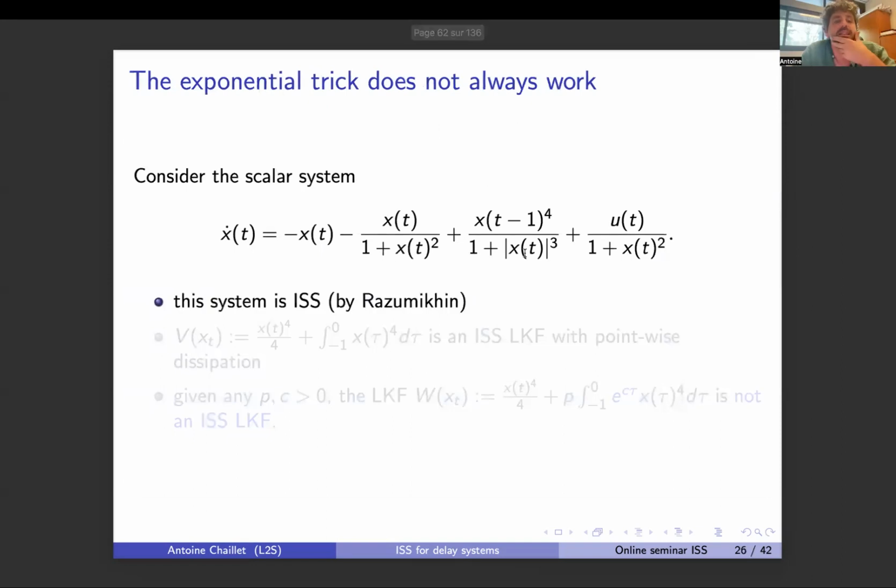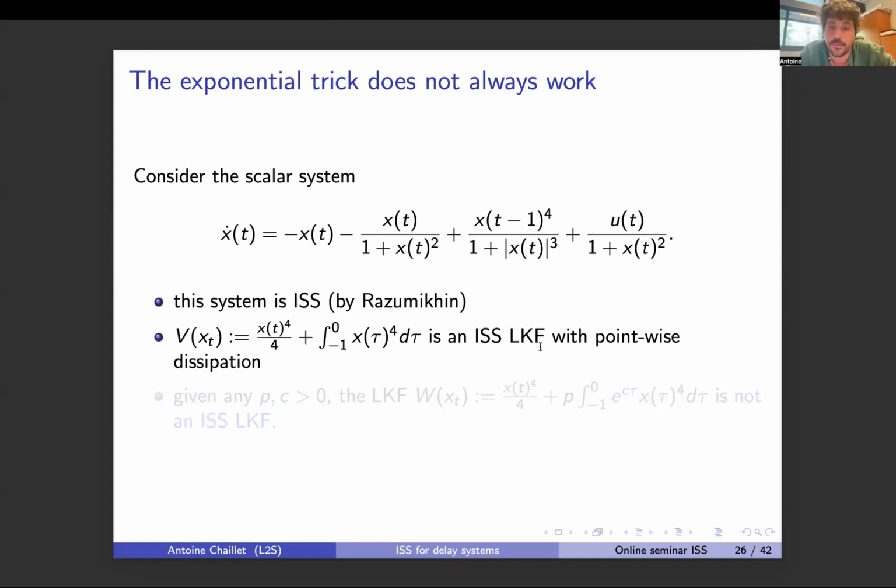You can show that the system is ISS by using a Razumikhin technique that I will say a word about later on. But more importantly, if you take this Lyapunov function, which is x of t to the 4 and the integral of x of t to the 4, then you get indeed a pointwise dissipation, okay? But if you apply this exponential trick to this function, then there is no way you can get an ISS Lyapunov-Krasovskii function.